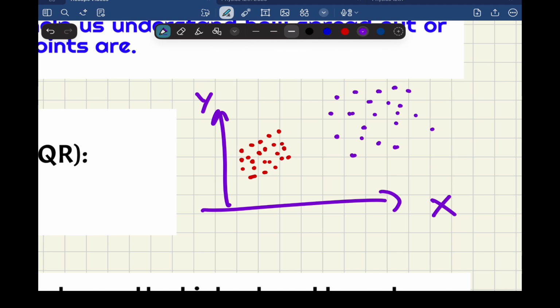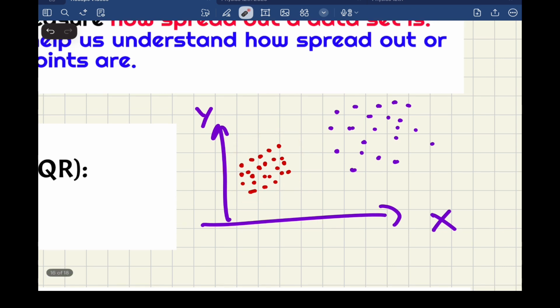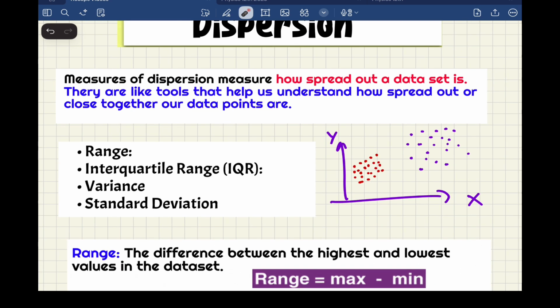So we can say here they are close together, and here they are more spread out. So we can use range, interquartile range, variance, and standard deviation to describe if the data set is something like this or maybe like this.